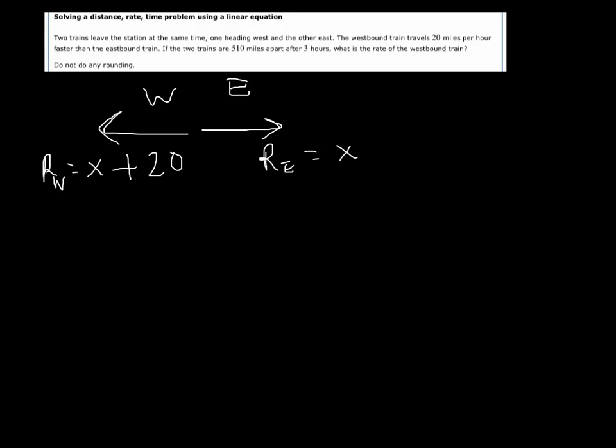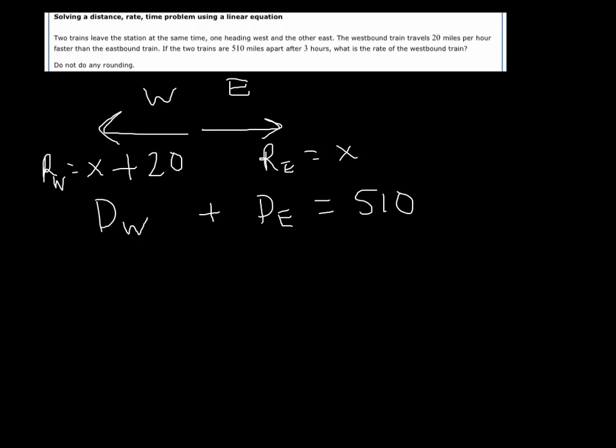So then the next fact that it gives us is that the distance between the two is 510. So that tells us that the distance of the west plus the distance of the east is going to be 510 miles apart.